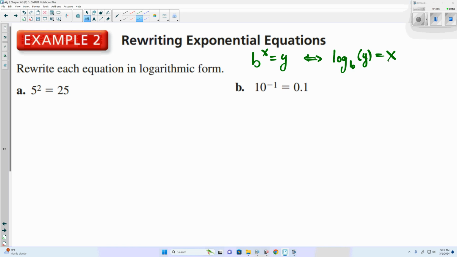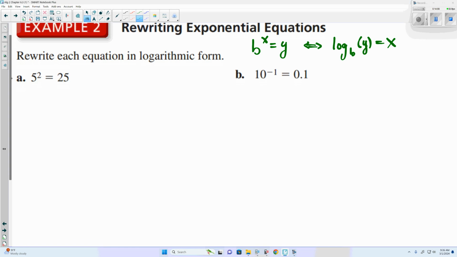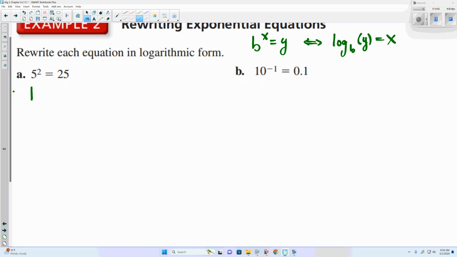Yep, log base b of y equals x. For this one, I'm going to do the b, x, and y again so that we can see this. Our base b is going to be 5, our x is 2, and the y is 25.